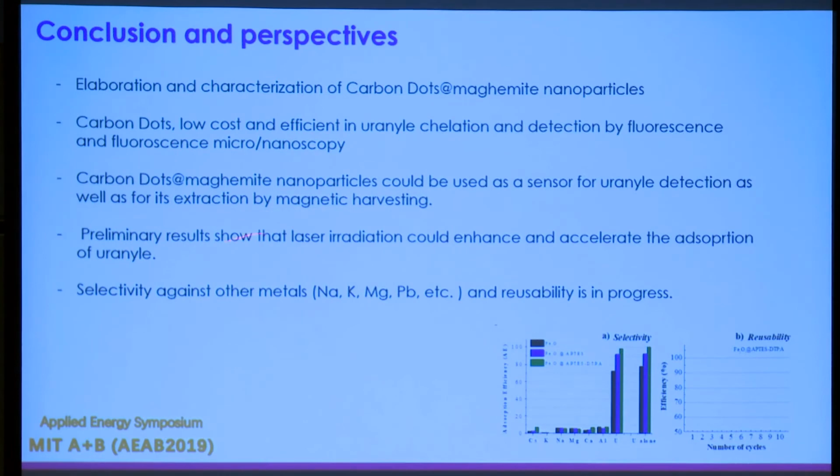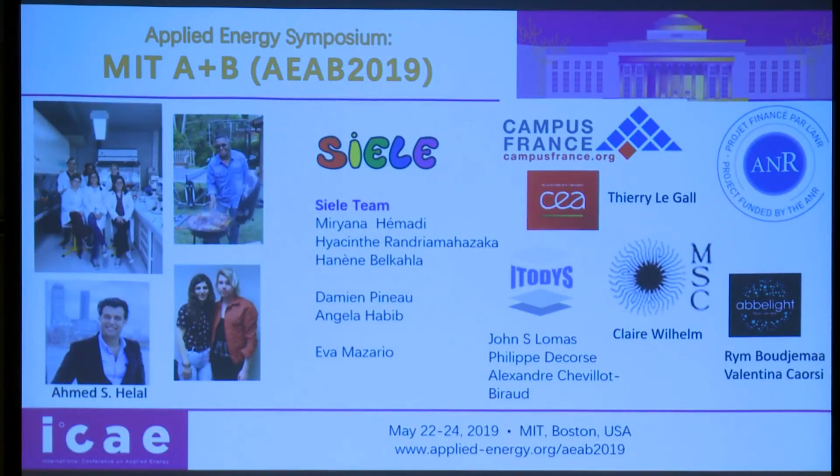The preliminary results show that laser irradiation enhanced the absorption of uranyl, and this system exhibits a high selectivity against other metals such as sodium, calcium, and so on. This work is in progress, and we try to improve the property of the carbon dot. To finish, I would like to acknowledge all the people involved in the project and the funding that supports it. Thank you very much for your attention.